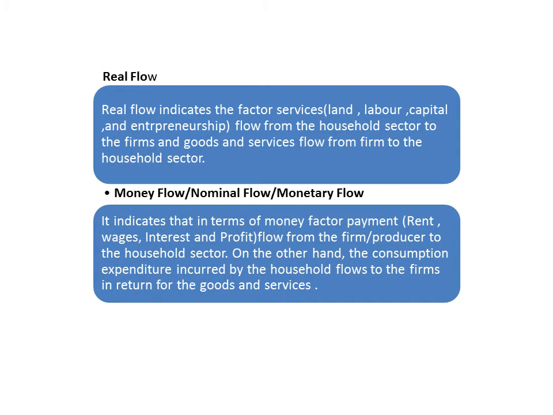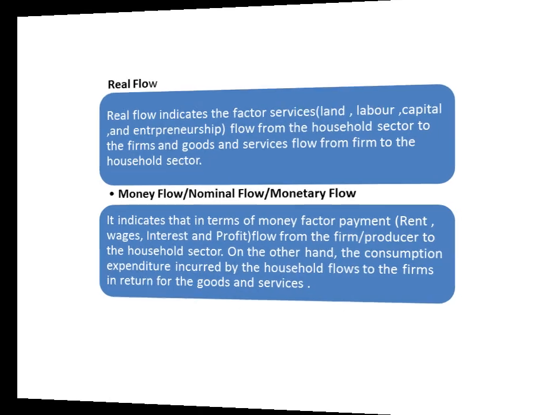It indicates that in terms of money, factor payment, that is rent, wages, interest and profit, is given by the producer sector to the household sector, and this factor payment is also the factor income for the household. On the other hand, the consumption expenditure incurred by the household flows to the firms in return for the goods and services. Now in total we will see the circular flow of income.